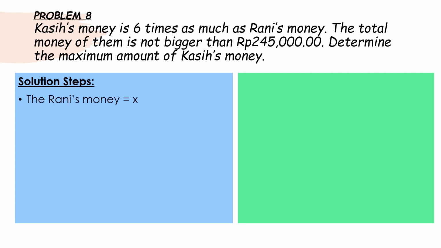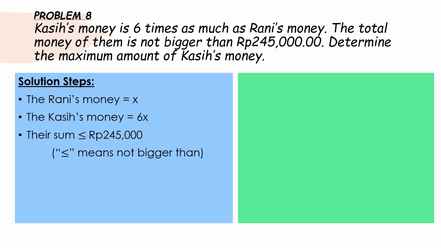Let's start with Rani's money is x. Then Kashi's money is 6x. Their sum is less than or equal to 245,000 rupees.